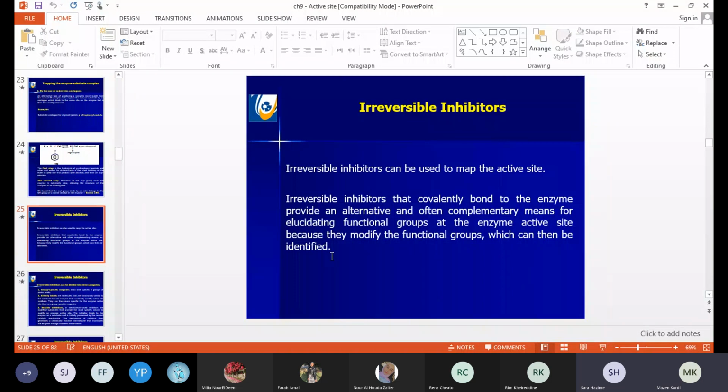They bind by covalent bonds to the enzyme, and they provide an alternative and sometimes complementary means for studying the functional groups at the enzyme active site, because they modify the functional groups, which can then be identified.